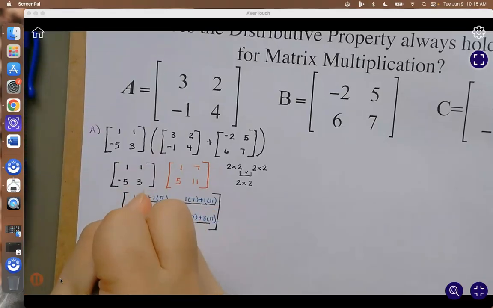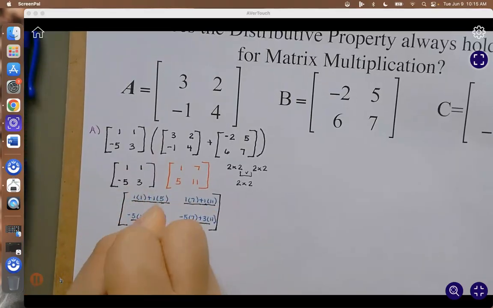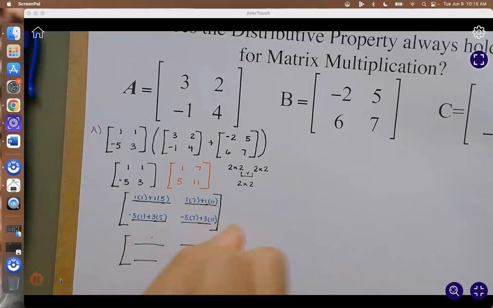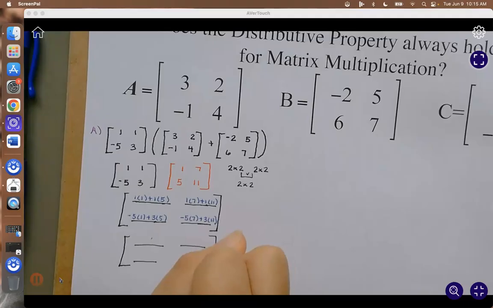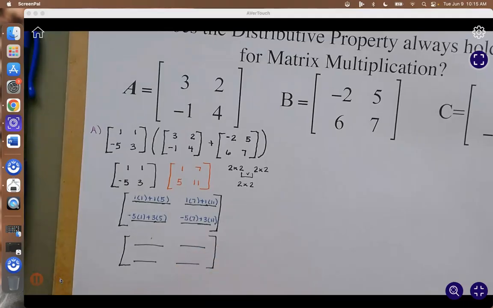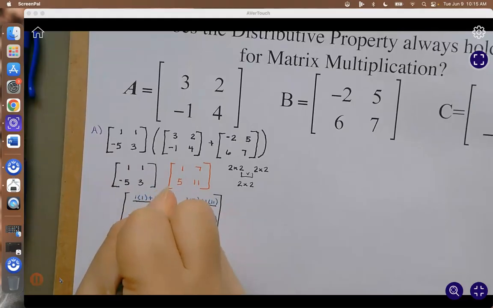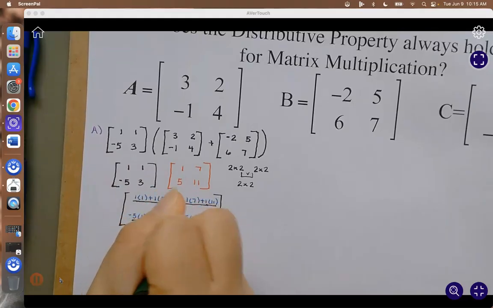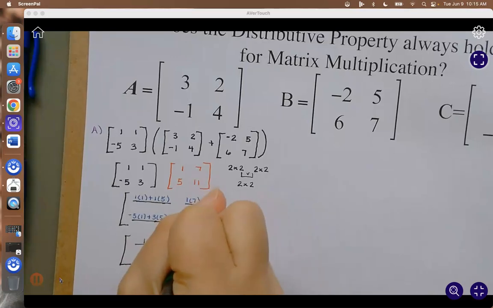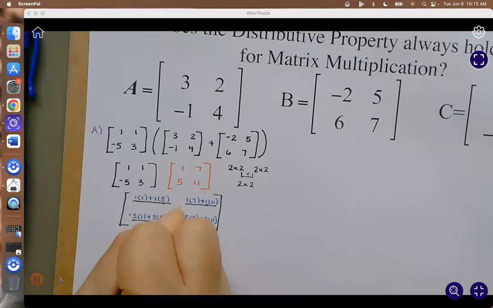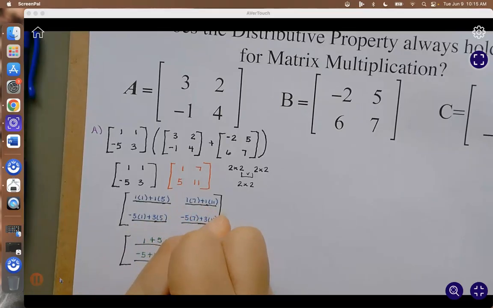Okay. So, what we get here is 1 plus 5, 7 plus 11, negative 5 plus 15, negative 35 plus 33.